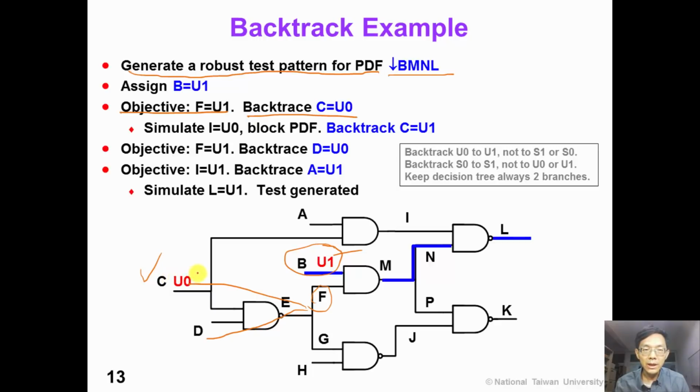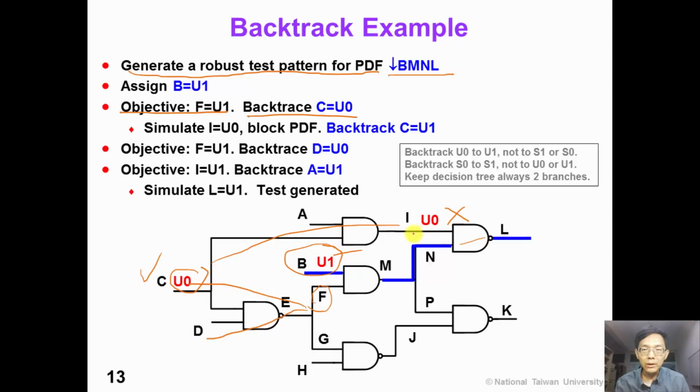So we would assign C to be U0. Now we perform a simulation and I is U0. But this would block our path propagation to the primary output. So this was a mistake.